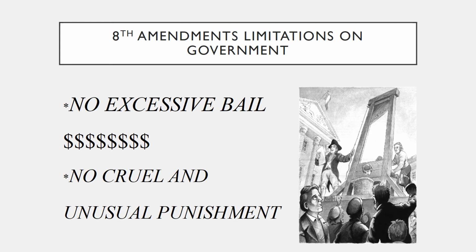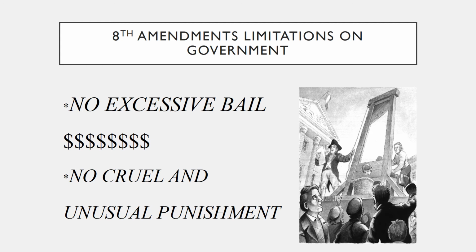If a person gets arrested for an alleged crime, the judge can set a bail amount. Bail is collateral. Bail is money a person must come up with, or their friends or family must come up with, to get them out of jail temporarily until their assigned court date.